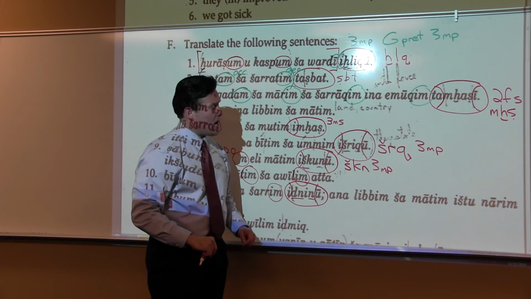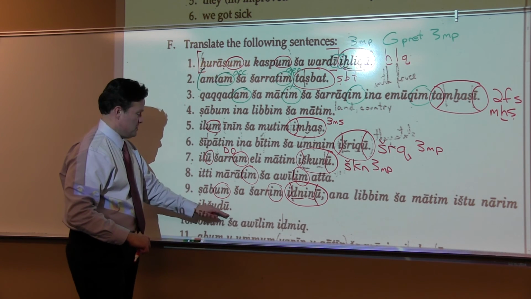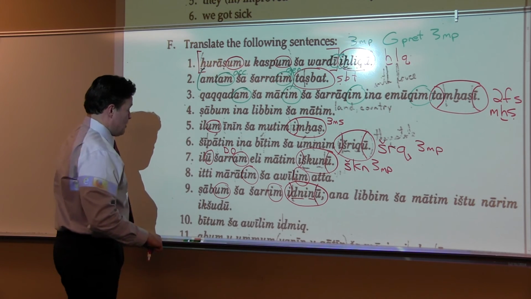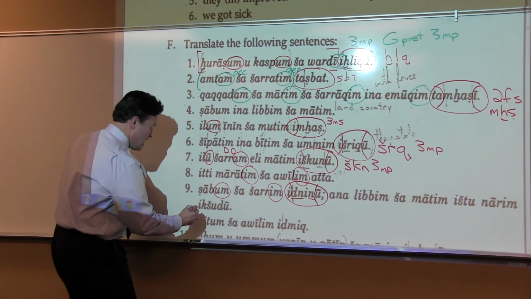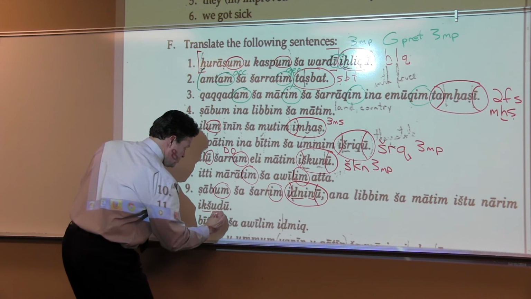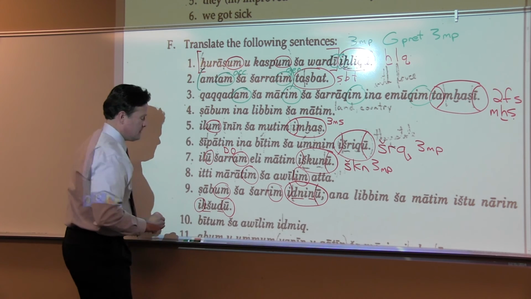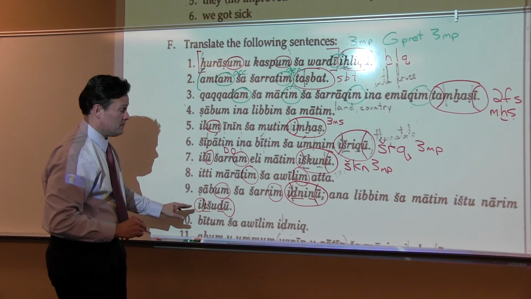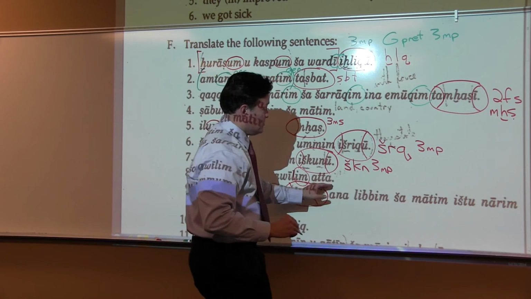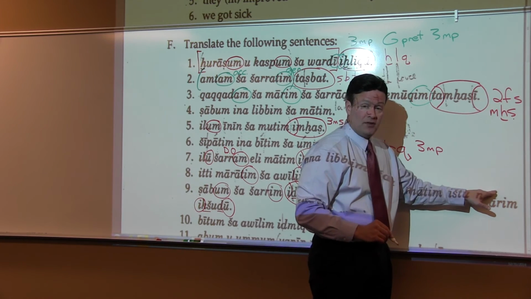Ana libbi sha matim ishtu narim ikshudu. Now, kashad means to conquer. Kashad is the root. We have an e prefix, an u suffix. So they conquered to the heart of the land from the river.